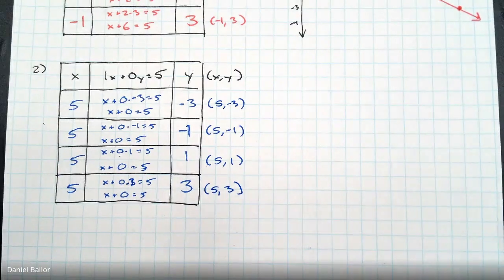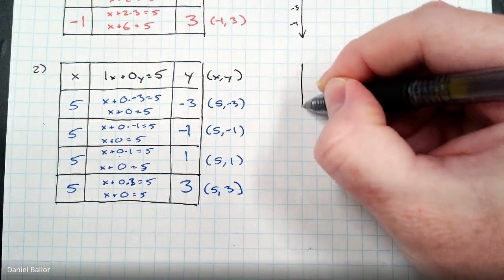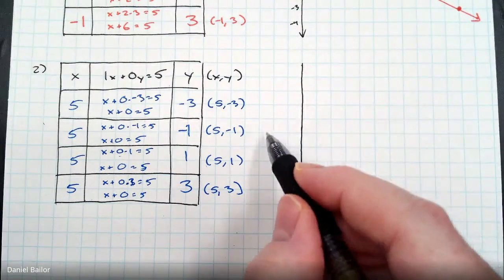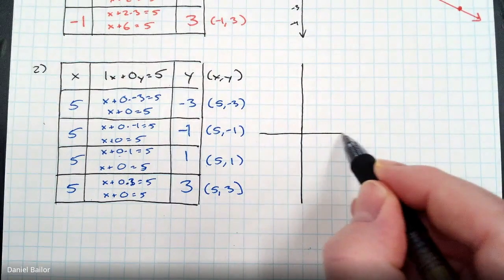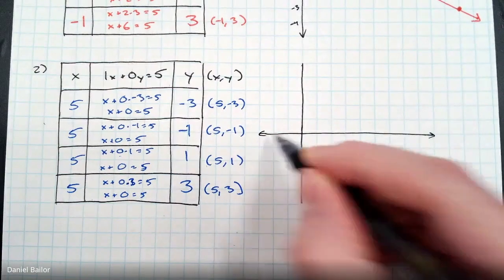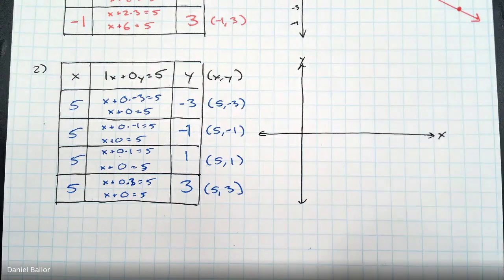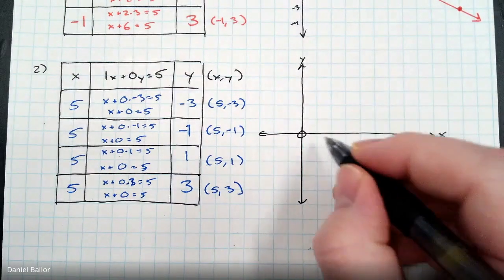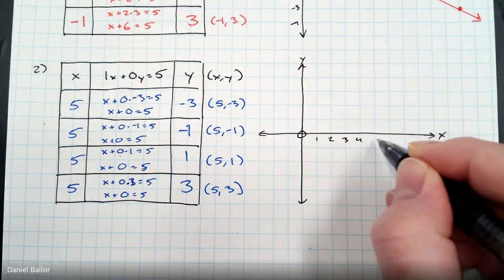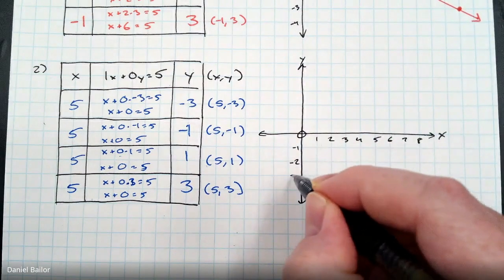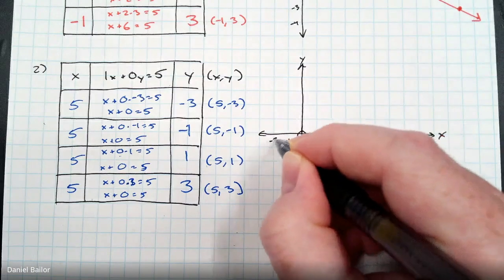Let's graph this. So I'm going to draw my axis again, with my x and y axis. There's y, there's x. There's the origin, which is 0. Let me label my intervals, my positives and my negatives.